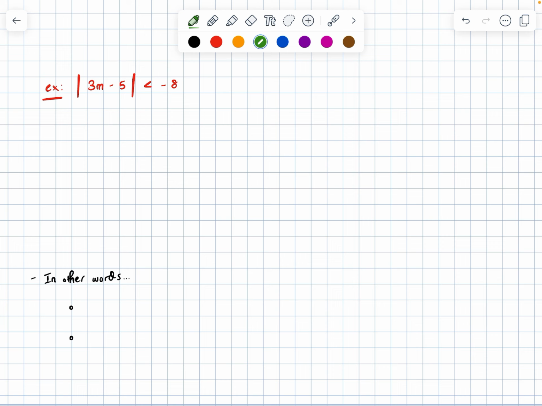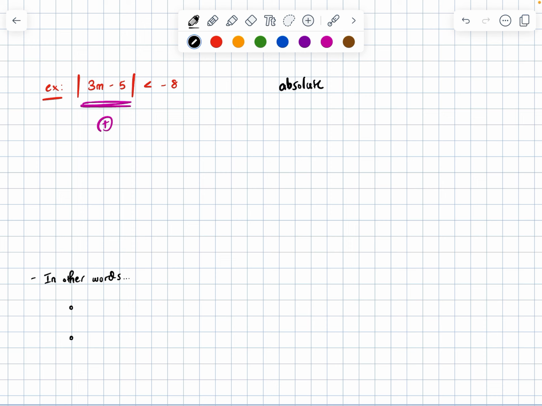Okay, once again, I know that absolute value, in other words the left side of this inequality, is a positive number. And I've got a negative number on the right side. So I've got something positive on the left, and I'm saying that's less than a negative number. Well, that doesn't make any kind of sense.